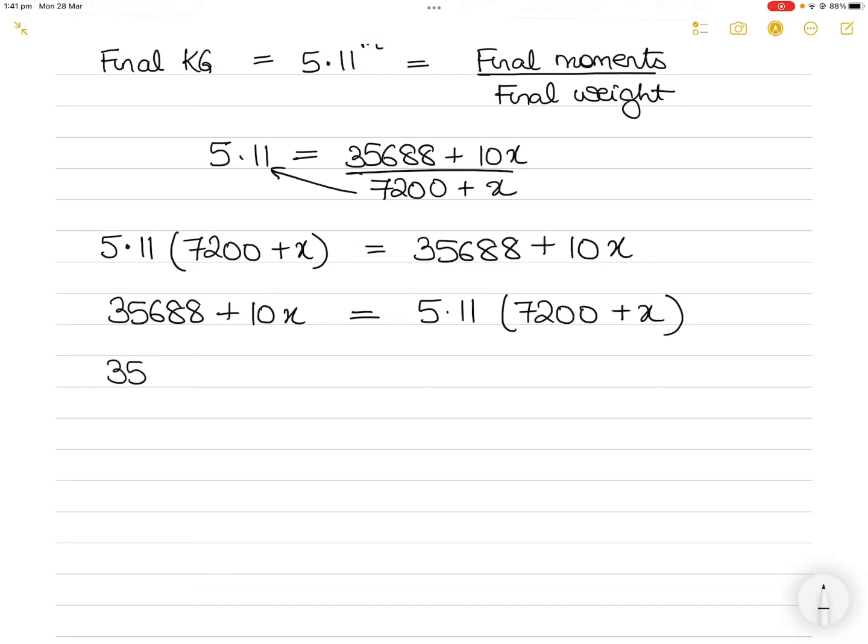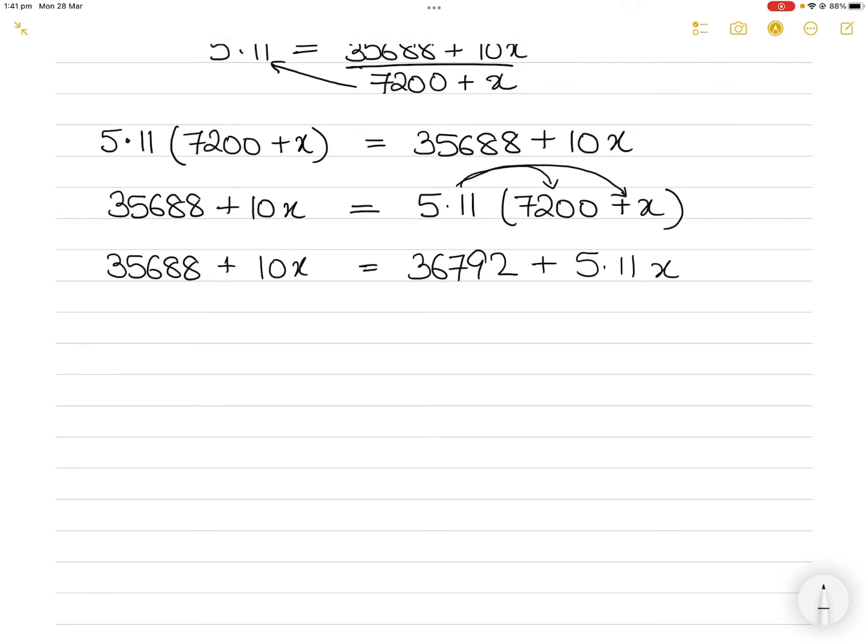So 35,688 plus 10x equals 36,792 plus 5.11x. You have to multiply 5.11 with 7,200 as well as with x. That goes without saying.